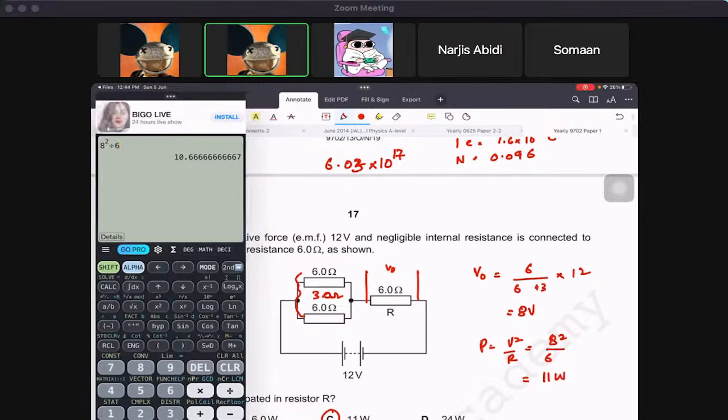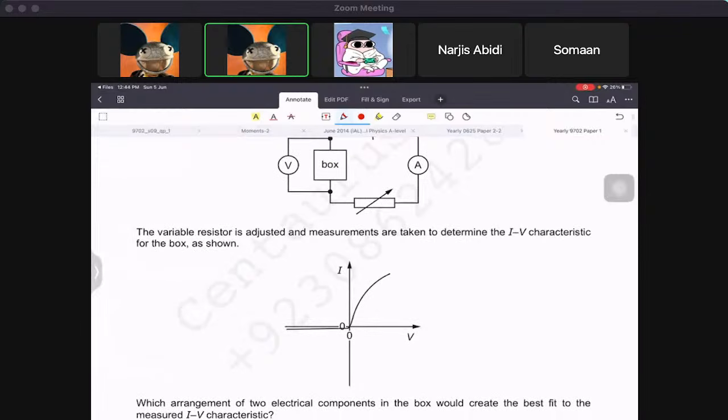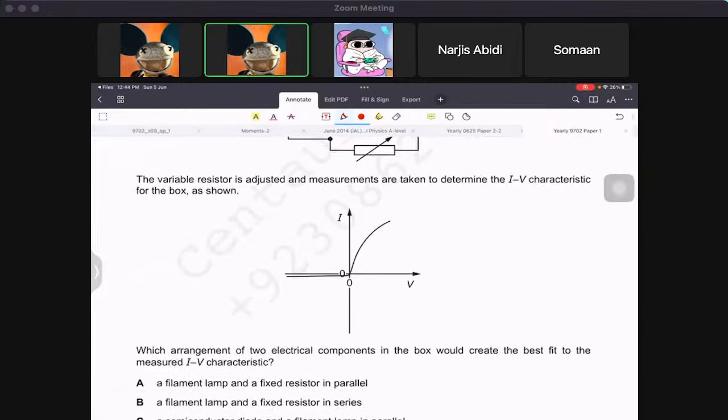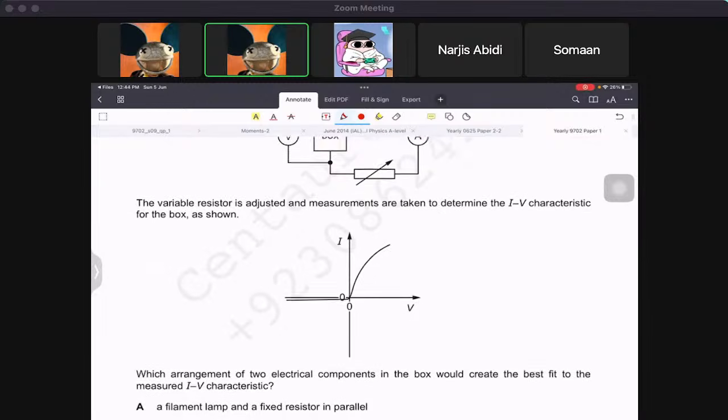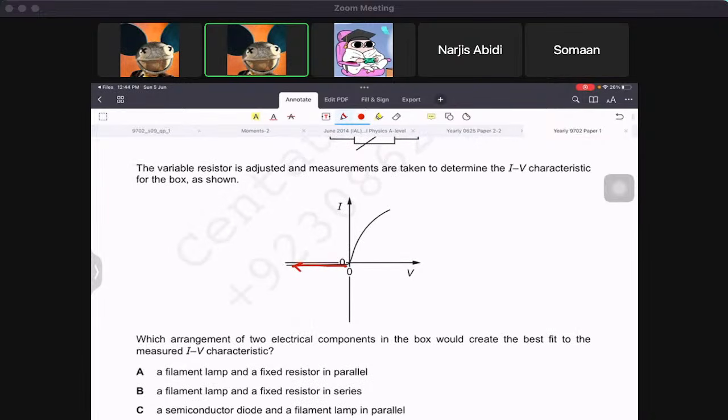Alright, now a box containing 2 electrical components is connected into a circuit. The variable resistor is adjusted and measurements are taken to determine IV characteristics. Which arrangement of the 2 electric components in the box would create the best fit IV? I think this characteristic is for a diode, because it doesn't allow current, and this characteristic is for a filament lamp.